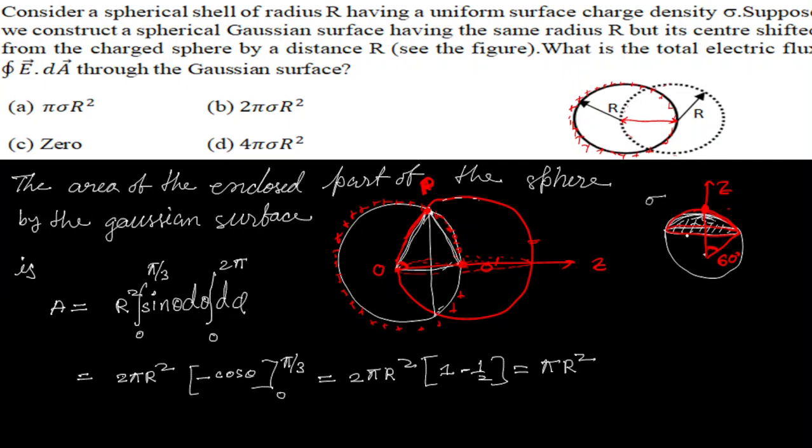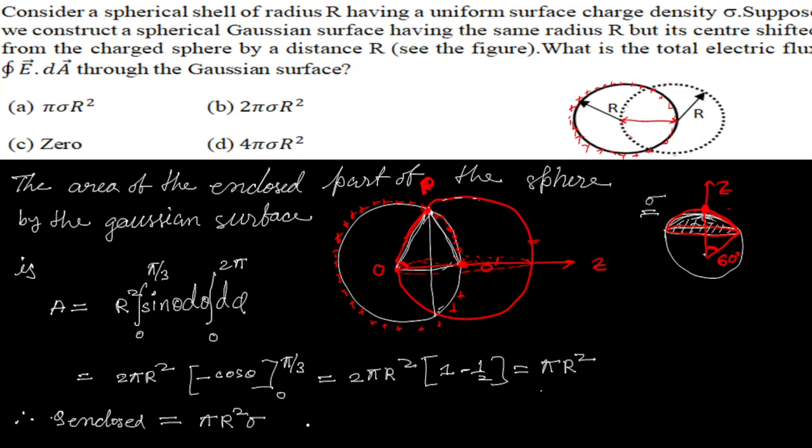Now since the sphere is carrying a uniform surface charge density, what will be the charge on this area? Therefore the enclosed charge, Q enclosed, will be pi r square into sigma.